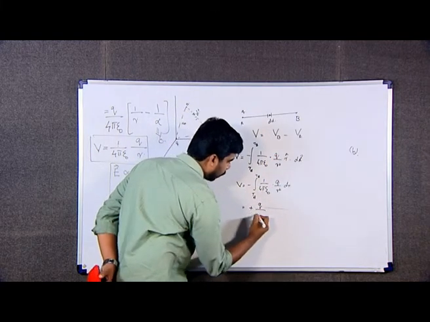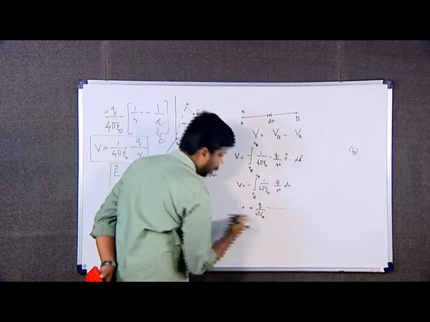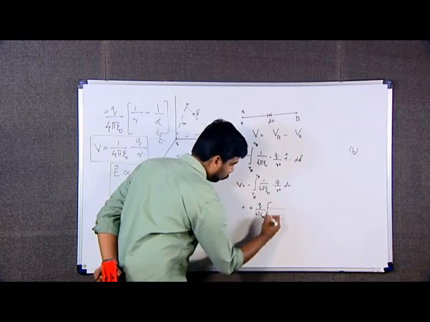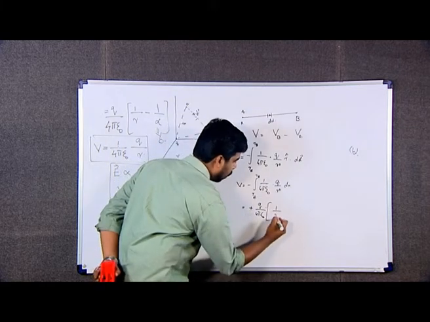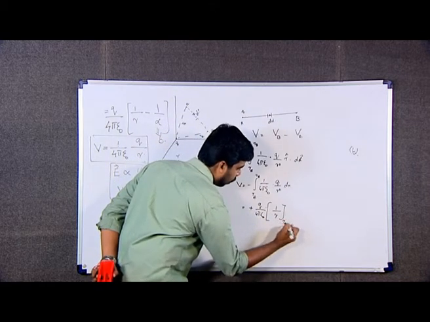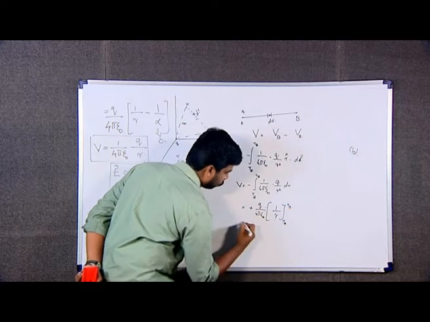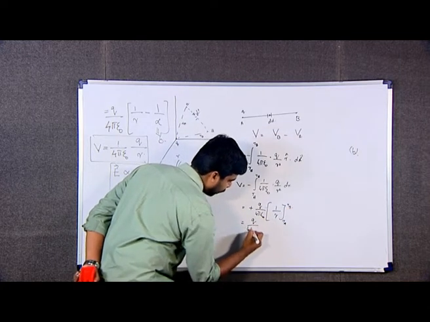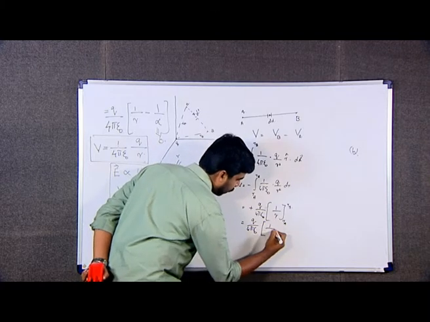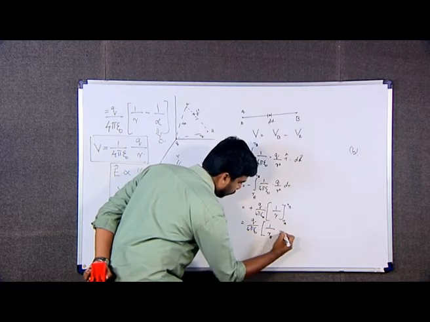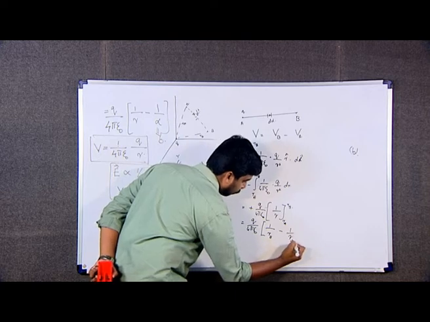So, q by 4 pi epsilon 0 into 1 by r, evaluated from Ra to Rb, which is equal to q by 4 pi epsilon 0 into 1 by Rb minus 1 by Ra.